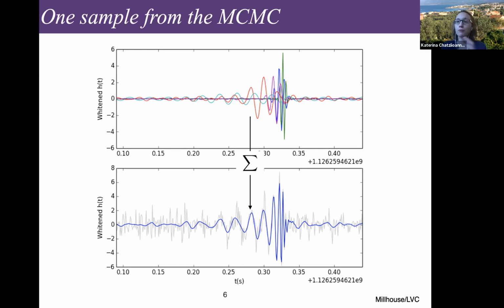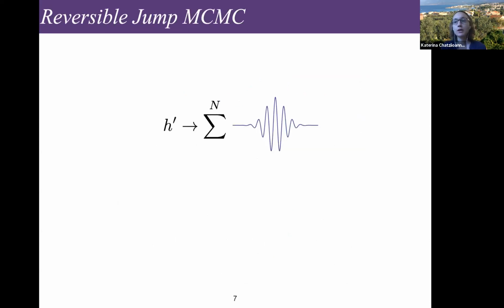Now, the various parameters are sampled over the same way you sample over, say, the masses of a binary black hole or the spins of a binary black hole. But the elephant in the room is actually, how many of these are you using? What are you doing about this? This summation is a finite summation, of course. How do you choose how many of those basis functions, of those wavelets, to use?